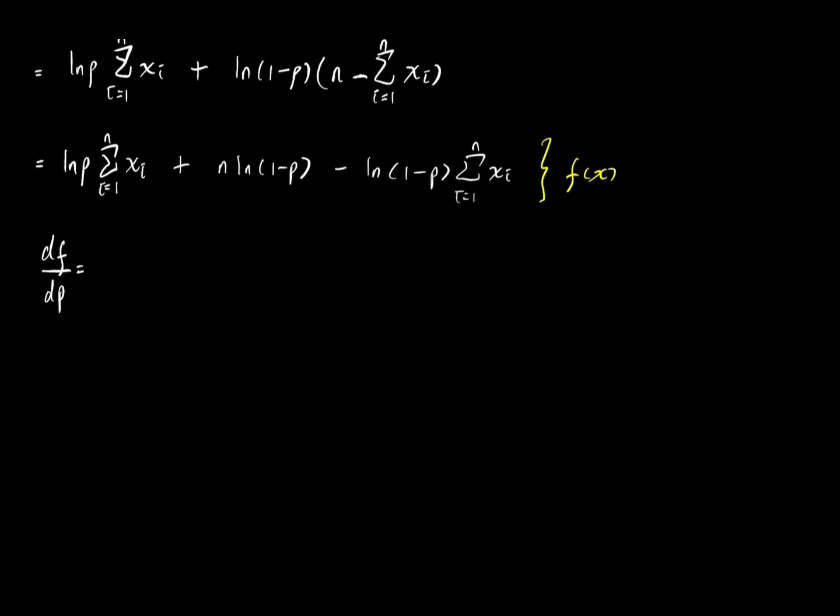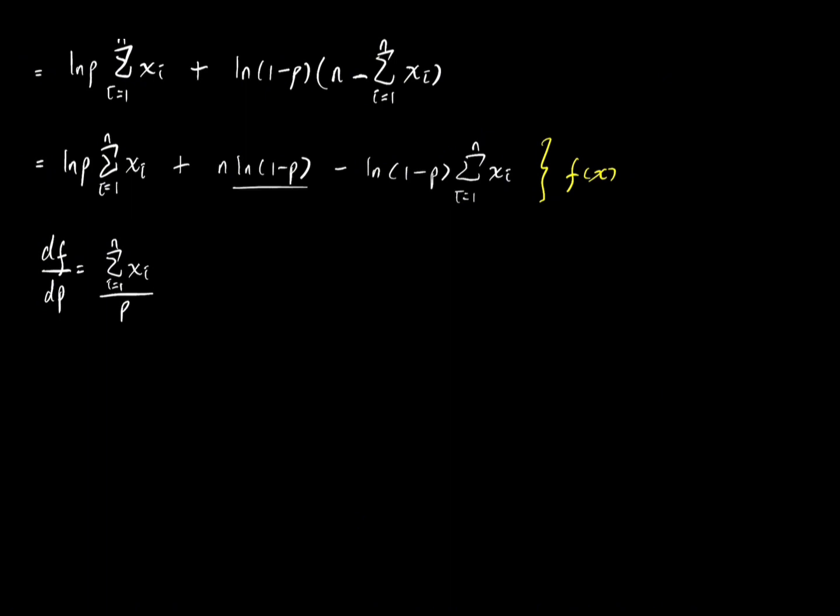That's going to be equal to, again, we're differentiating with respect to p. So let's differentiate the first term first. That is just 1 over p times this. So sigma i equals 1 to n xi over p.